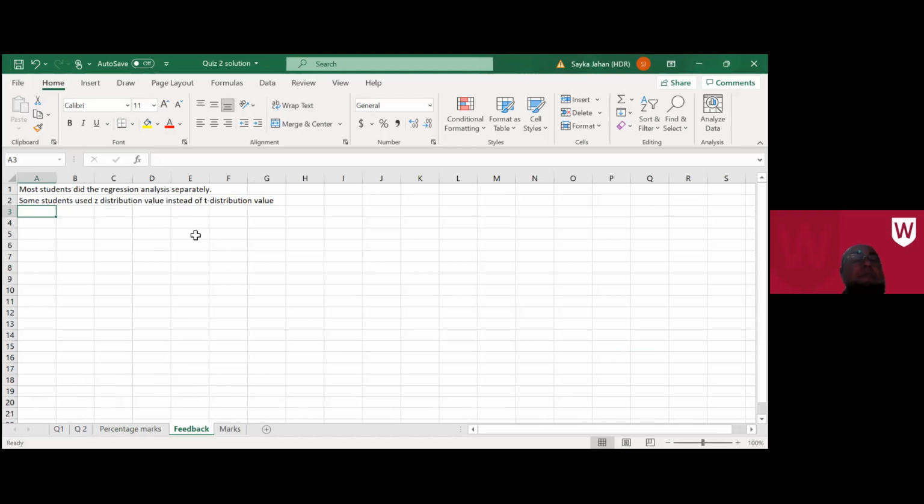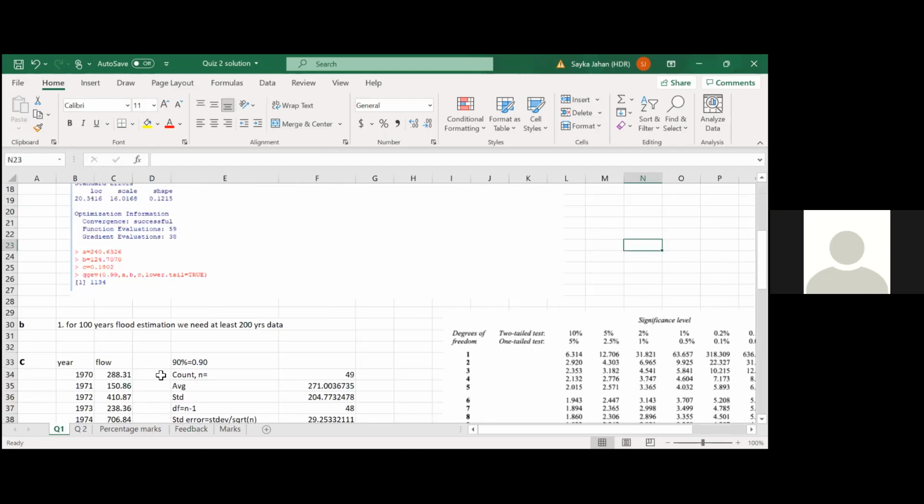But they didn't read the question carefully, I think. And some students used the Z distribution value instead of the T distribution value. They used the standardized normal distribution, but they forgot that this is a sample. They have to use the T distribution. But for that, you have given some marks, I guess. Yep, I have given them half marks, 50% marks.